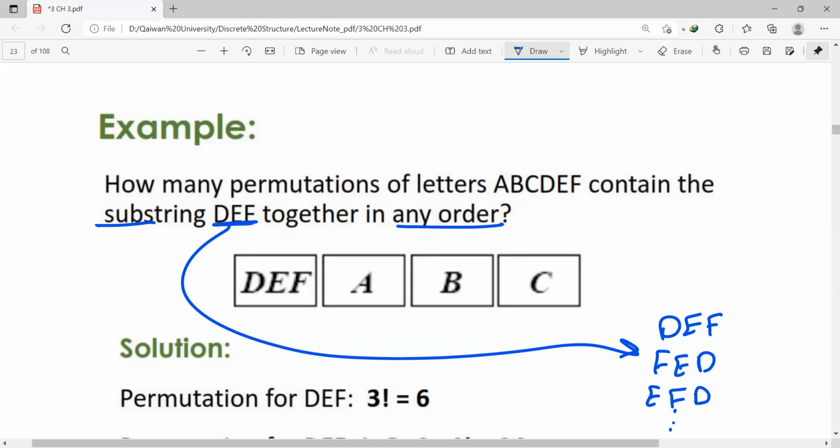So it could be in any order. We have 3 elements for this one, and it could be in any order, but D and E and F must always be together.